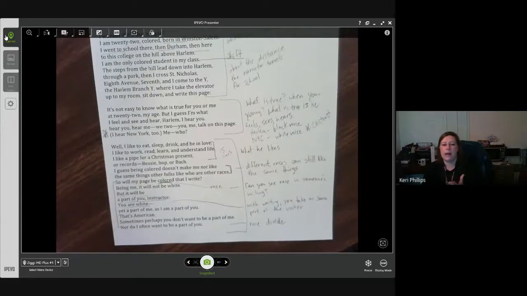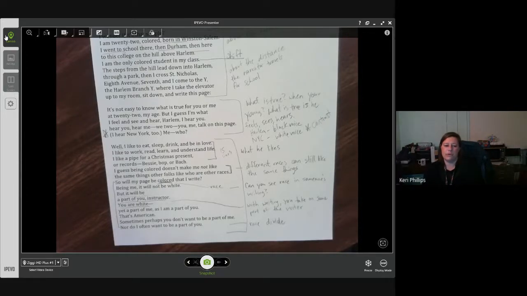And we're talking about the Black experience versus the white experience. And then he's also talking about this philosophical kind of perspective of, are we really separate peoples, like separate peoples because of our race? He's kind of questioning that.